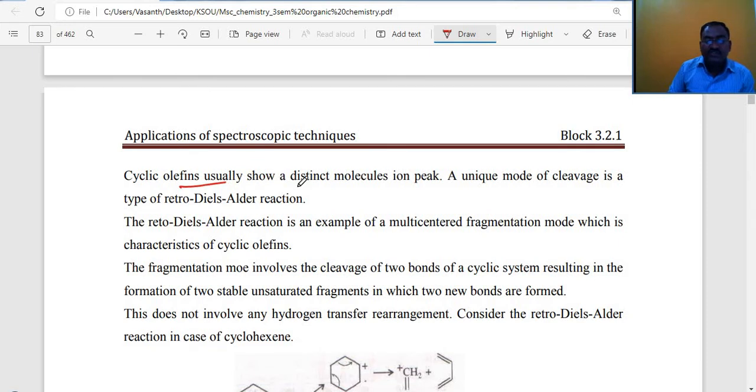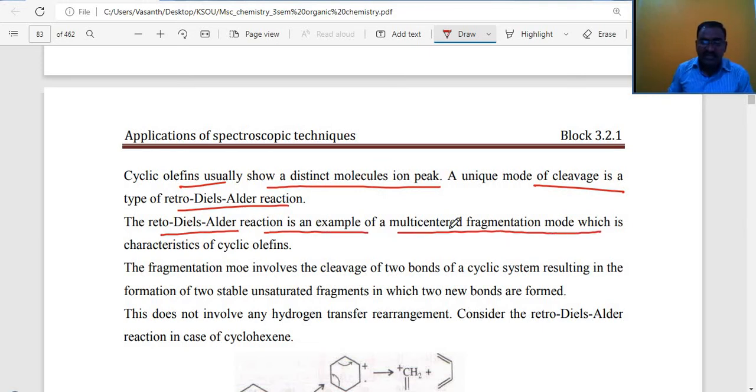Cyclic olefins usually show distinct behavior: a unique mode of cleavage is a type of retro Diels-Alder reaction. The retro Diels-Alder reaction is an example of a multi-centered fragmentation mode, which is characteristic of cycloolefins.